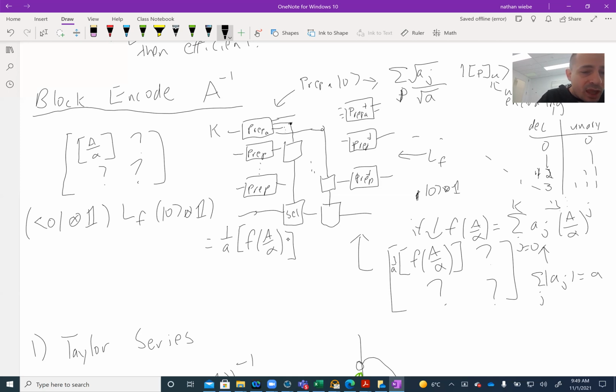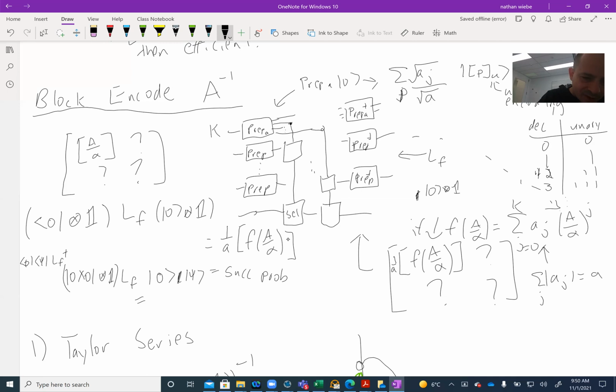So if we go through and figure out what LF acting on 0 psi times the projector onto identity multiplied through by 0 psi LF dagger is, when we go through the math, we end up finding that this is the success probability.